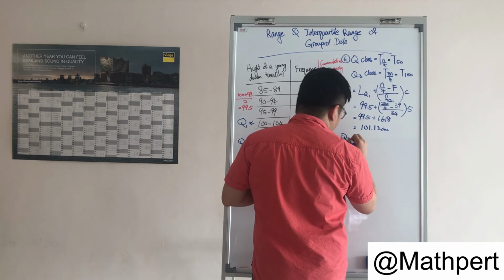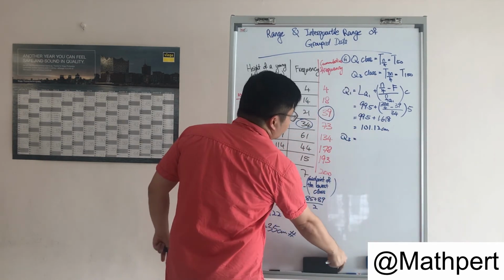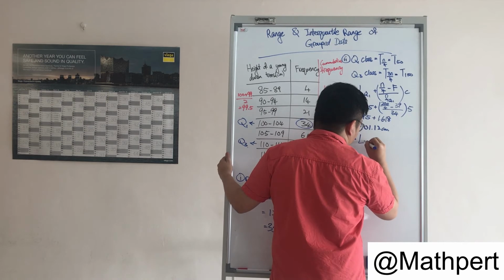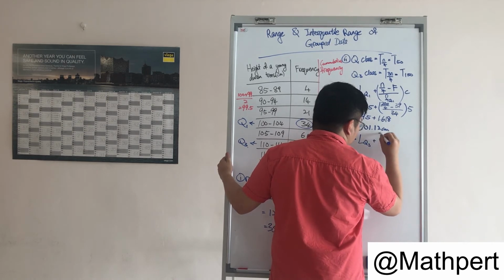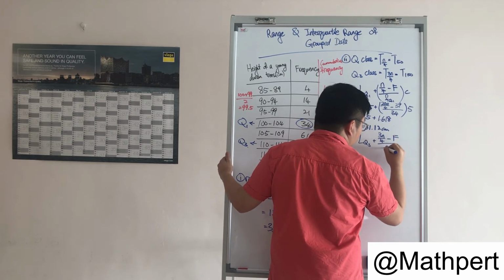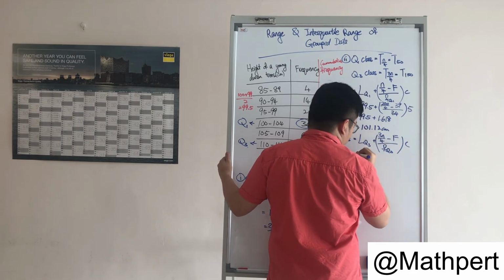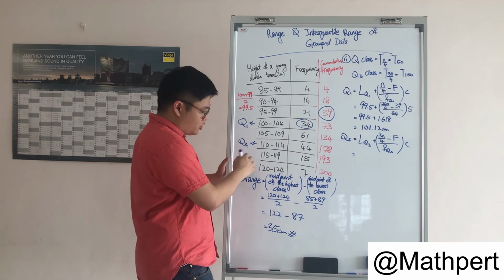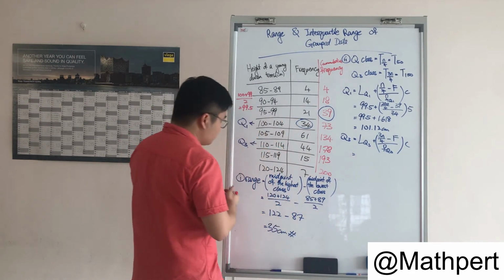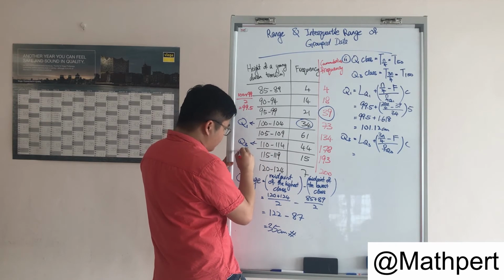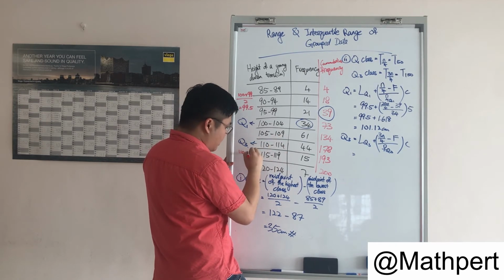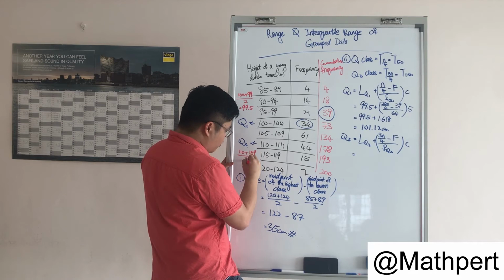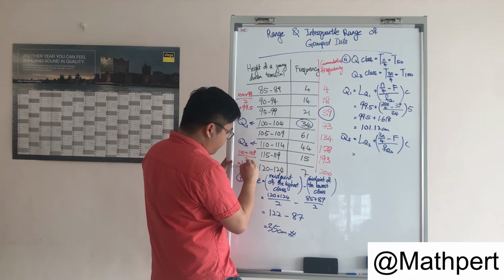Then let's look for Q3. What is the Q3 formula? It is LQ3 plus (3n over 4 minus F) over FQ3, multiplied by C. LQ3, the lower boundary of the Q3 class, is (110 plus 109) over 2, which is 109.5.